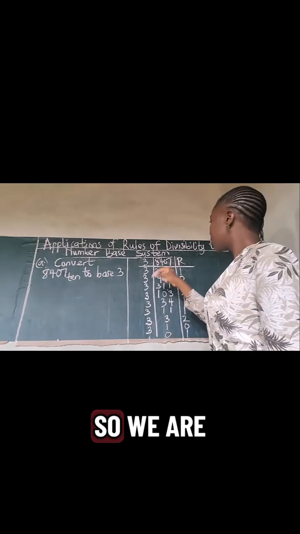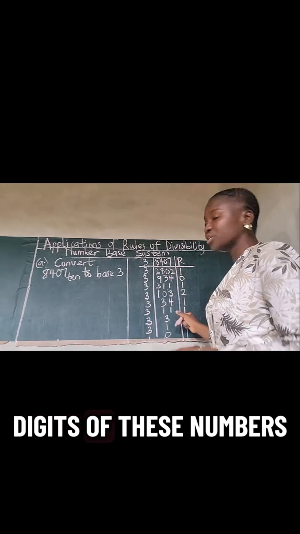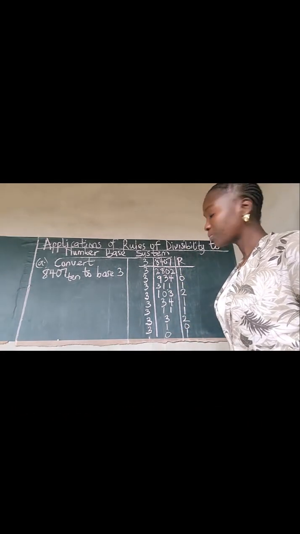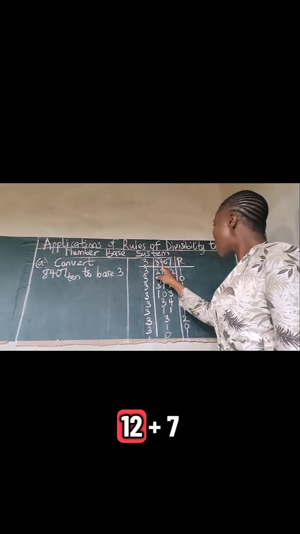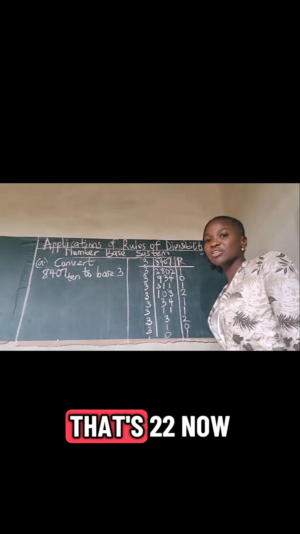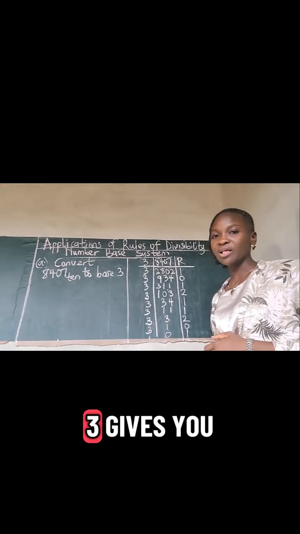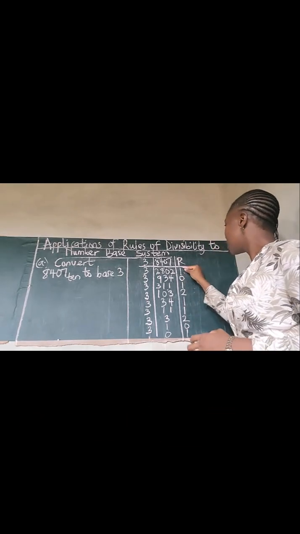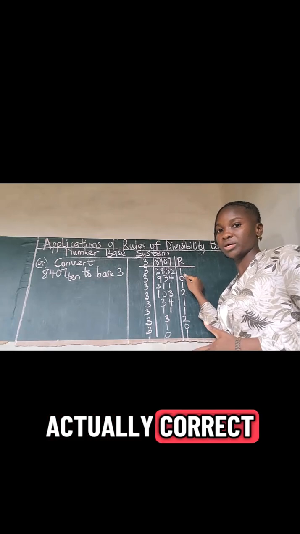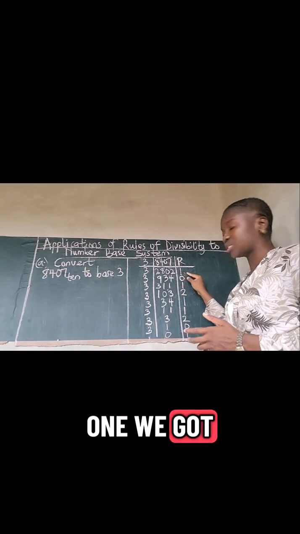So we are looking at the sum of the digits of these numbers. Now, 8 plus 4, 12. 12 plus 7, that's 22. 22 divided by 3 gives you 7 remainder 1. Hence, the one we got here is actually correct. That means we've been able to verify that the one we got here is correct.